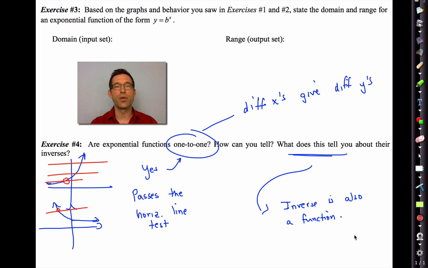The question is whether those inverses are also functions. And for exponential functions, that will be the case. Now, we won't see their inverses for a little while, but they're going to be a very important part of this course. So pause the video now and write down anything you need to, and then we'll move on. Okay, clear out the text.